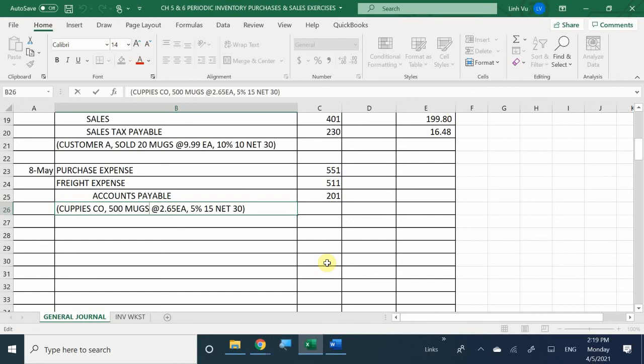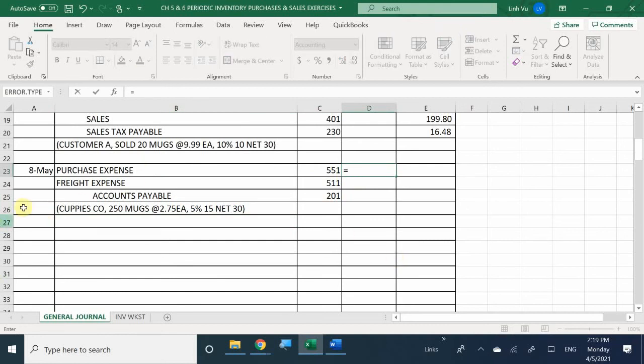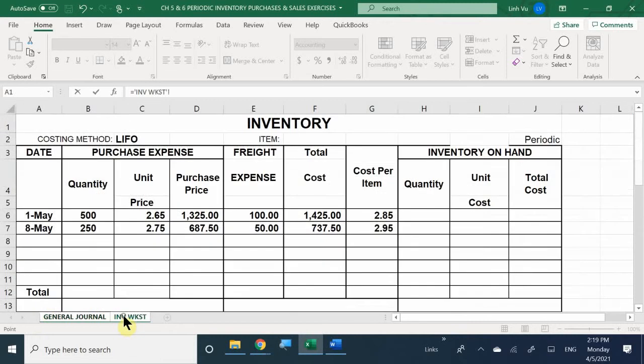But this time I am purchasing a total of 250 mugs, at a price of $275 each. But my terms are still the same. It's 5%, 15, net 30. All right, so like we solved from the previous one, what was my total purchase price? $737.50.